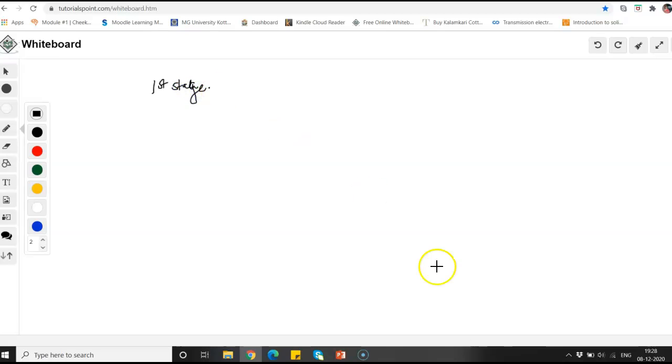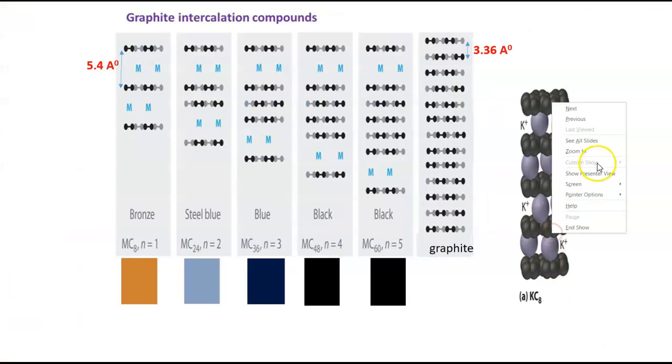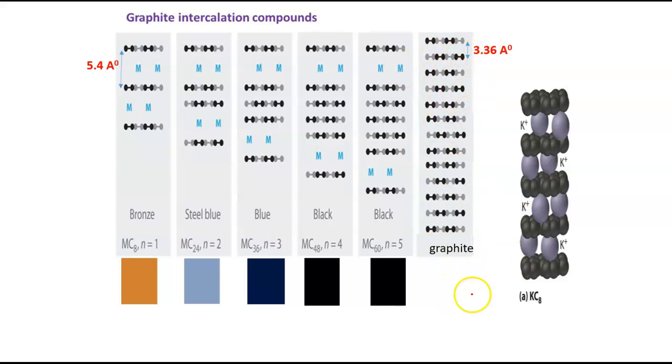In the case of the first stage, it is better to explain this using this particular diagram. The first stage intercalation compound is the one with the structural formula C8M.